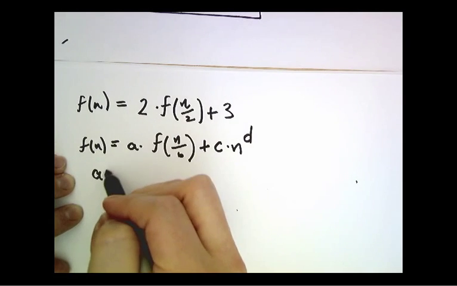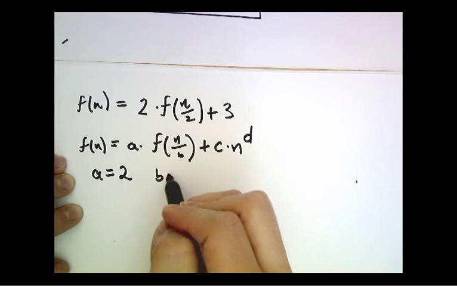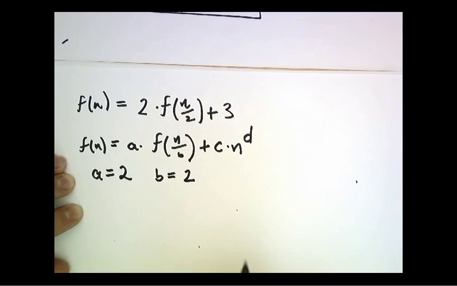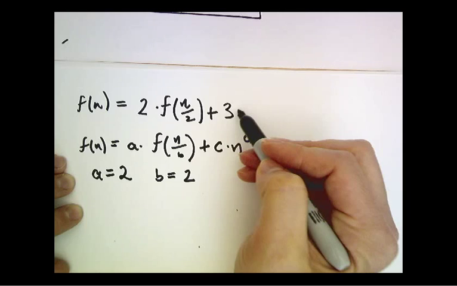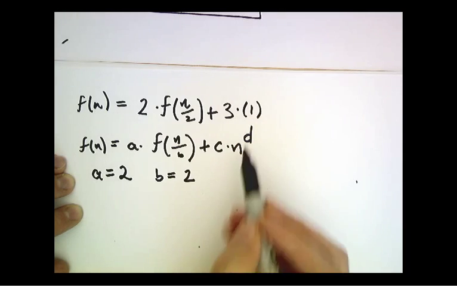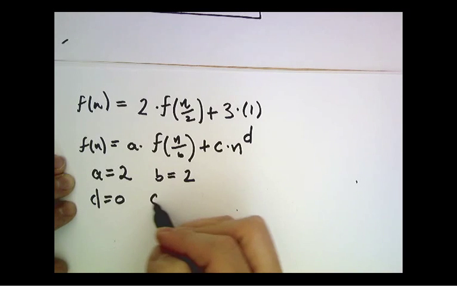So a in this case is equal to 2, b in this case is equal to 2. Because we have a plus 3 here, you don't see an n to the d. This is plus 3 times 1. That means that d is 0 and c is 3.